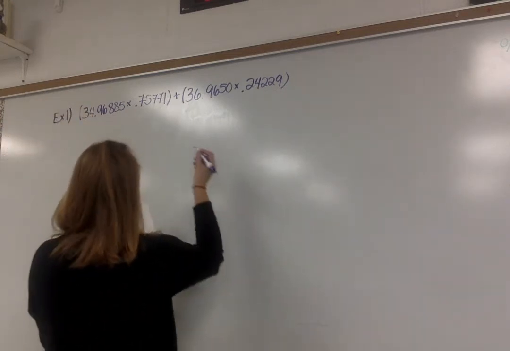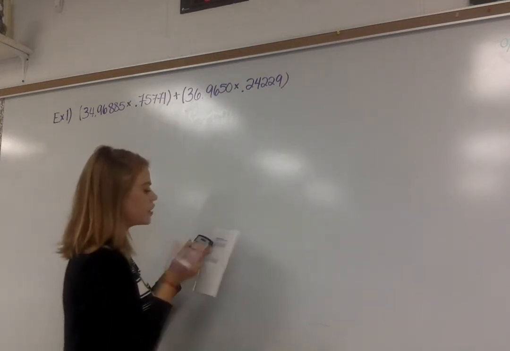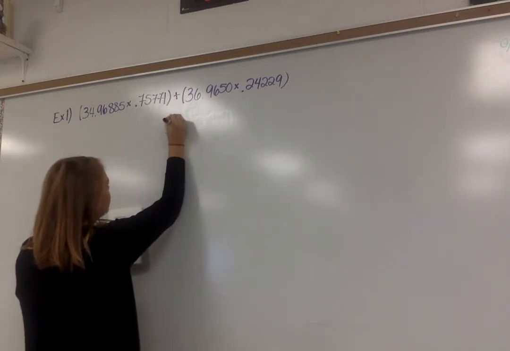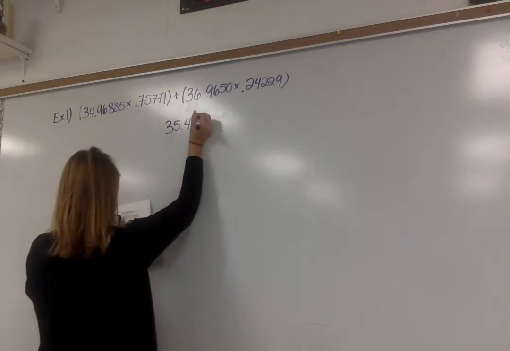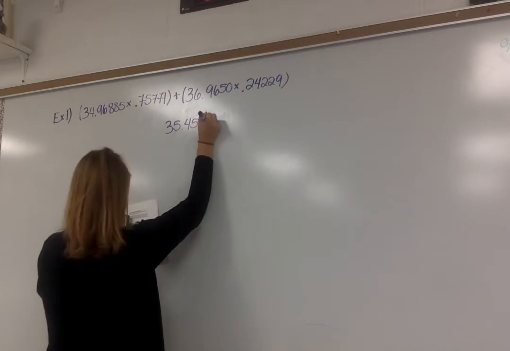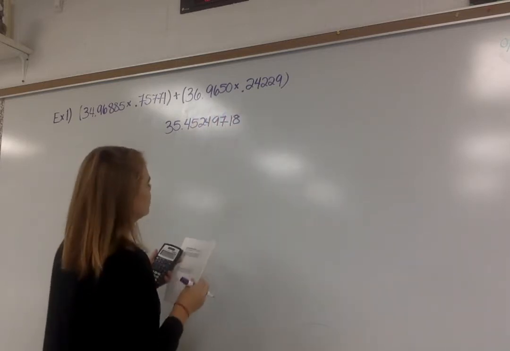The average atomic mass of chlorine for all isotopes, that would be for chlorine 35 and for chlorine 37, I got 45249718. Let's be sure we go back and check for sig figs.